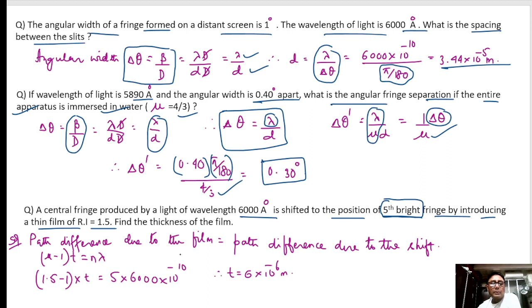Okay, so we know the path difference will be mu minus 1 into t. This is the path difference caused by the shifting. Path difference due to the introduction of the film will be mu minus 1 into t. We have done that. And path difference for the bright fringe is n lambda. So equating it, we get the thickness of the film.